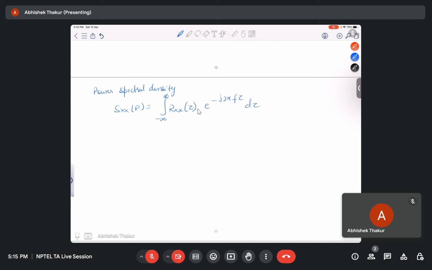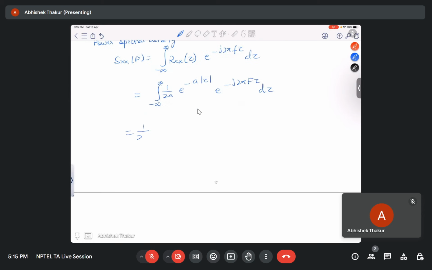So this is equal to, Rx(tau) is 1 by 2a e to the power of minus a |tau|, e to the power minus j 2 pi f tau d tau. So this can be given as 1 by 2a, integral from 0 to infinity of e to the power of minus a tau e to the power minus j 2 pi f tau, plus 1 by 2a, integral from minus infinity to 0. Here it will become e to the power of minus a into minus tau, so that will be plus tau, e to the power minus j 2 pi f tau d tau.